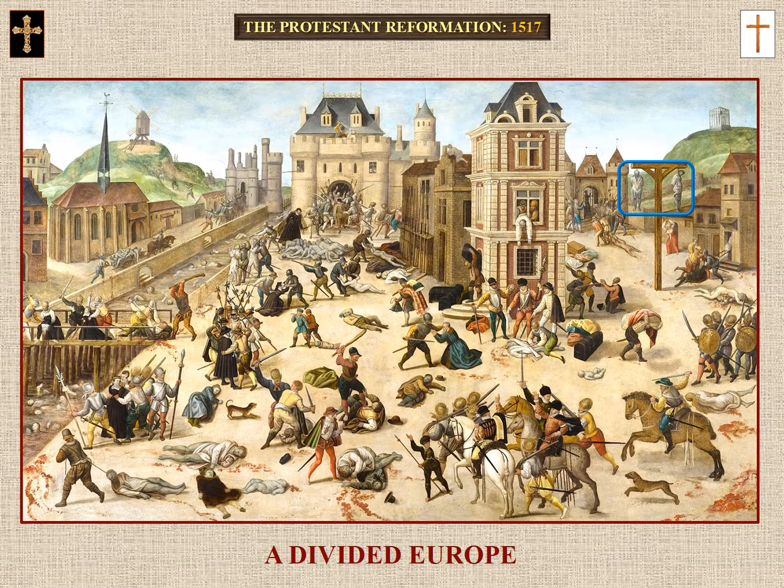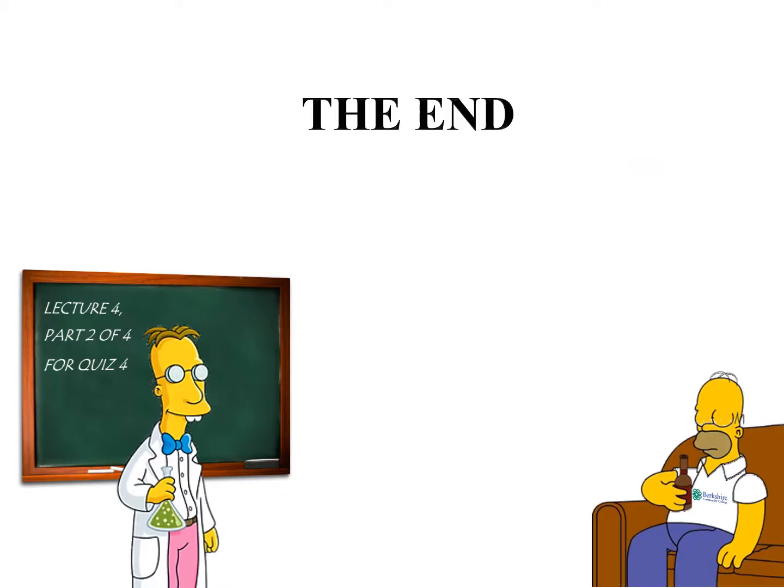Up here you have executions, mass murder, rape, mutilation, even infanticide. So you have Europe thrown into this destructive chaos of the Protestant Reformation. All right, that ends part 2 of our 4th lecture.